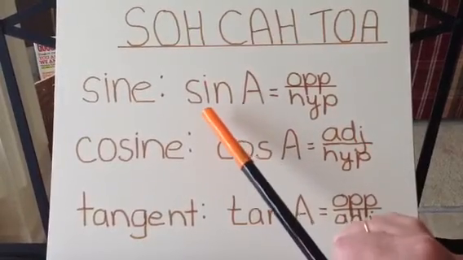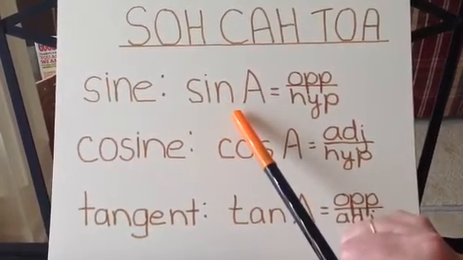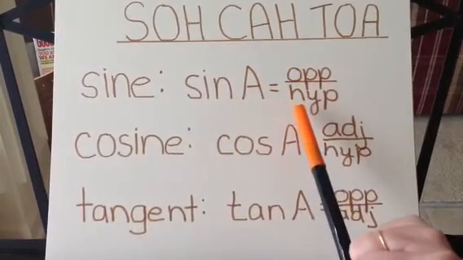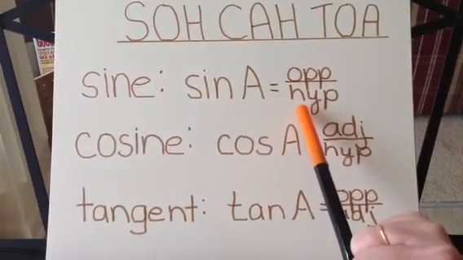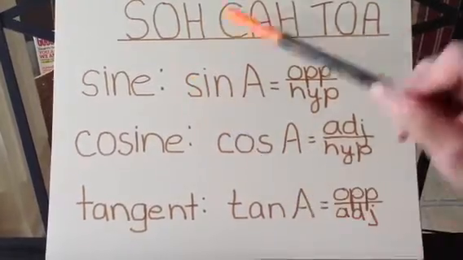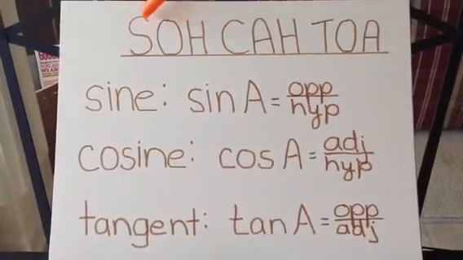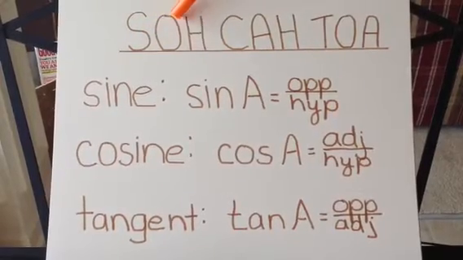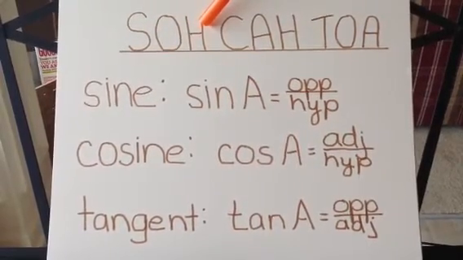And if you remember, the sine of A is the opposite side length over the hypotenuse of the right triangle. That's where we get the SO from SOHCAHTOA. Sine is opposite over hypotenuse.